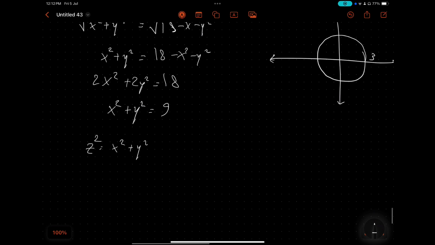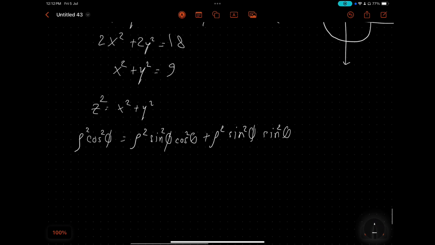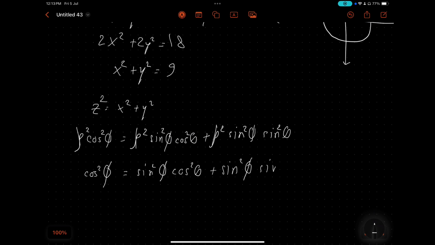Now we know that z is just rho cosine of phi, and x is rho sine of phi cosine theta, and y is rho sine of phi sine theta. Now we are not going to get a phi alone here, we're going to get a relationship between phi and theta, plus, cancel these, sine squared phi sine squared theta.